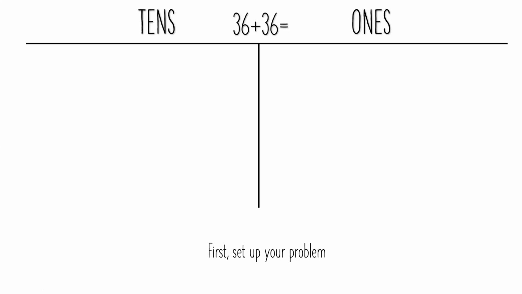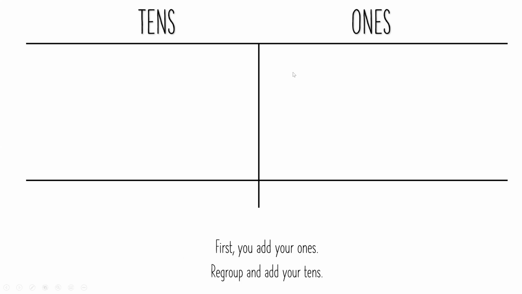Okay, let's begin. So we are adding 36 plus 36. We're going to set up our problem. We're going to break apart 36: 6 ones, 3 tens, 6 ones, 3 tens. Now we're going to add our ones first, which is 6 plus 6 is 12.